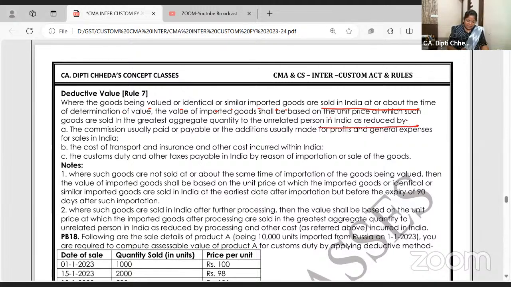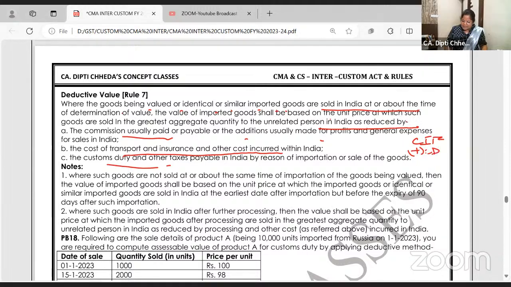By deducting the commission usually paid, cost of transport and insurance and other expenses incurred in India, and custom duty. See, to CIF you add the custom duty, you add other expenses, and you get the final selling price.